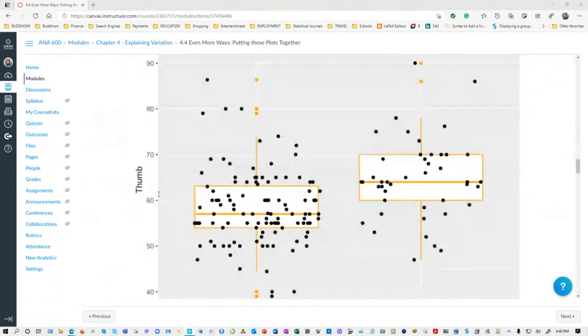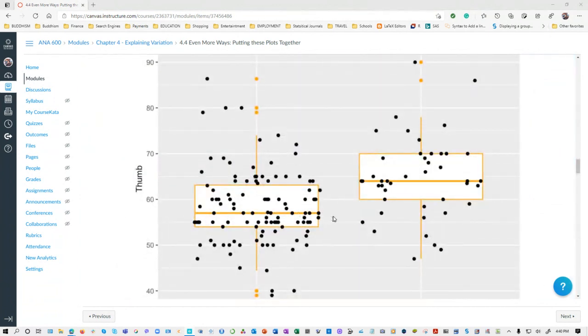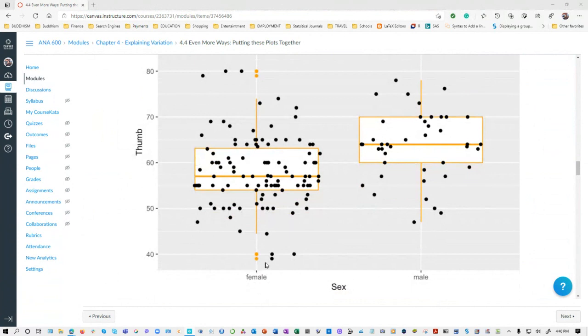That's why 50% of the data is below this line, including that line as well, and another 50% is above that line, above the median.